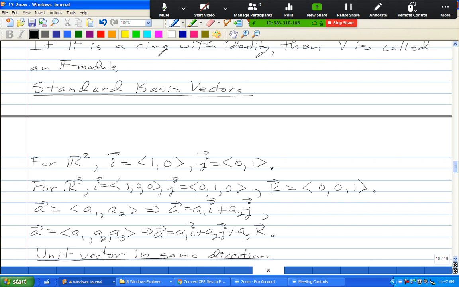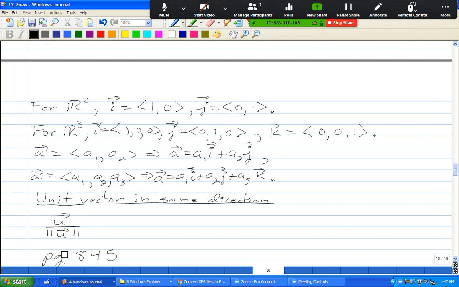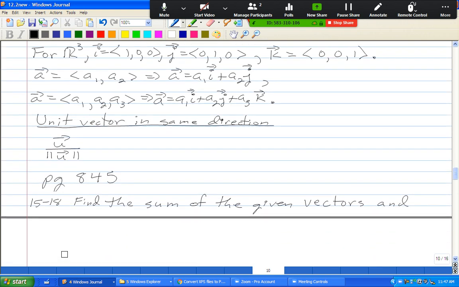I've been saying this, but maybe I should actually write it down. A unit vector in the same direction as the vector U is a vector of the form the vector U divided by the norm of the vector. So let me do some examples on page 845.